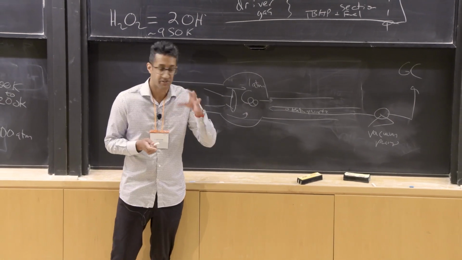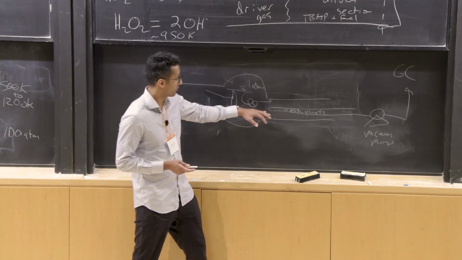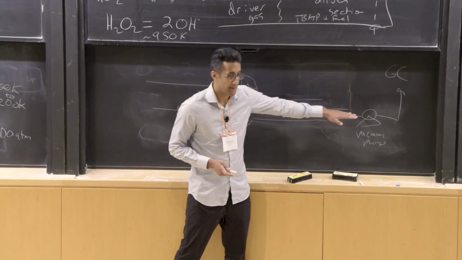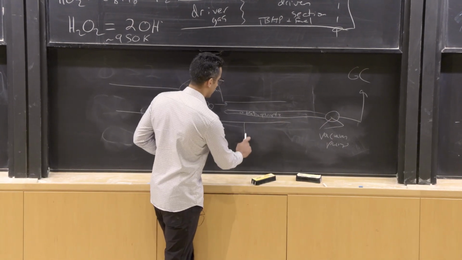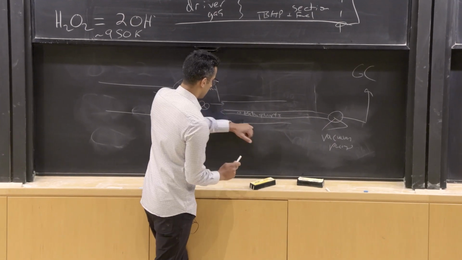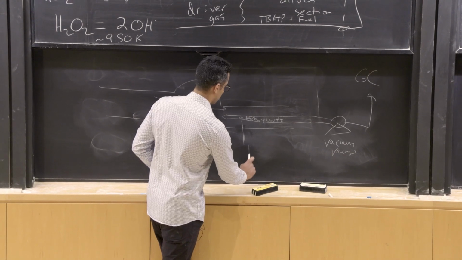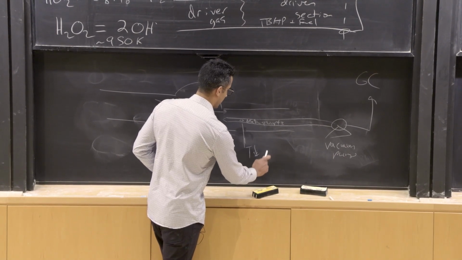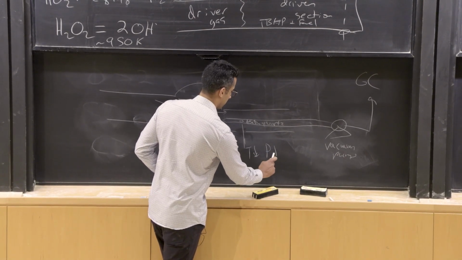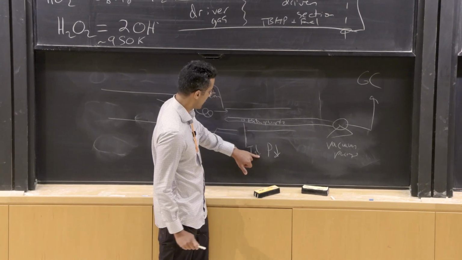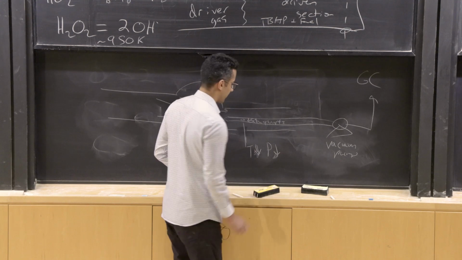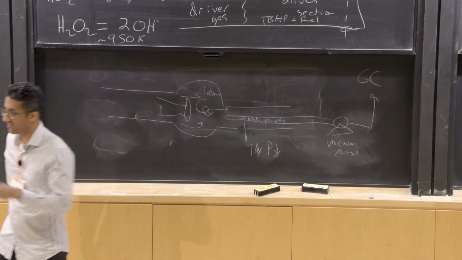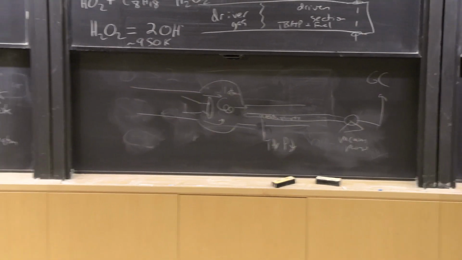It freezes the species at the time of their sampling, so you ensure that there's no reactions happening inside of the sampling line, okay? So this drops the temperature down and drops the pressure down so you don't have any reactions inside, and basically freeze the species in time at the exit of the reactor.